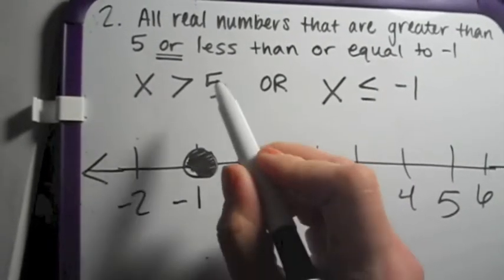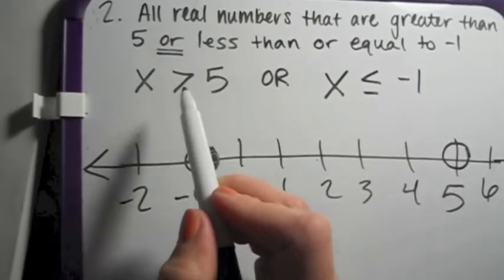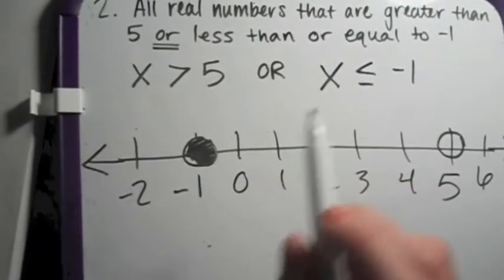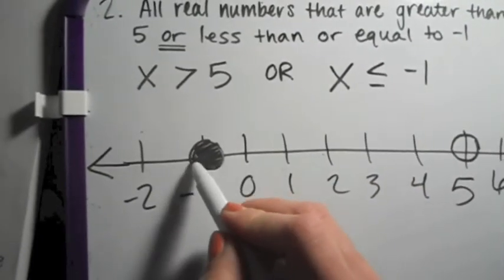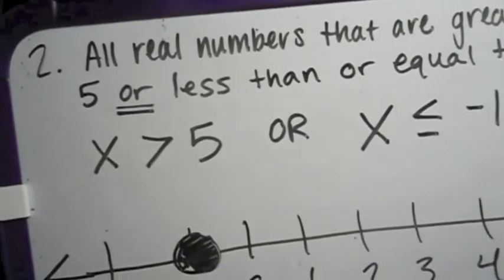We also have a point at 5, and it's going to be open because it cannot be equal to. Okay, so we can graph whichever one we want first. They both have to be graphed, so we'll just decide whichever one we want.